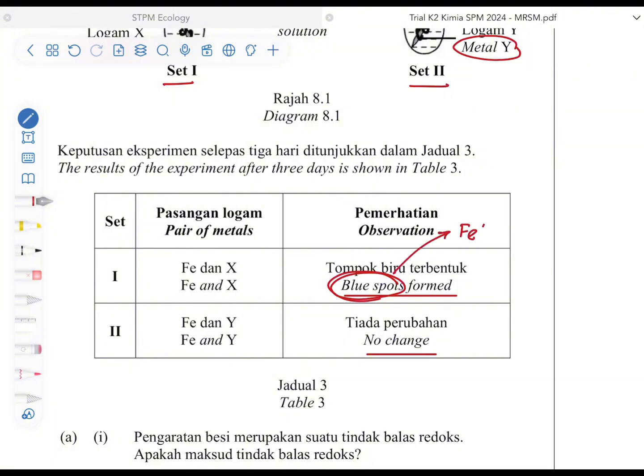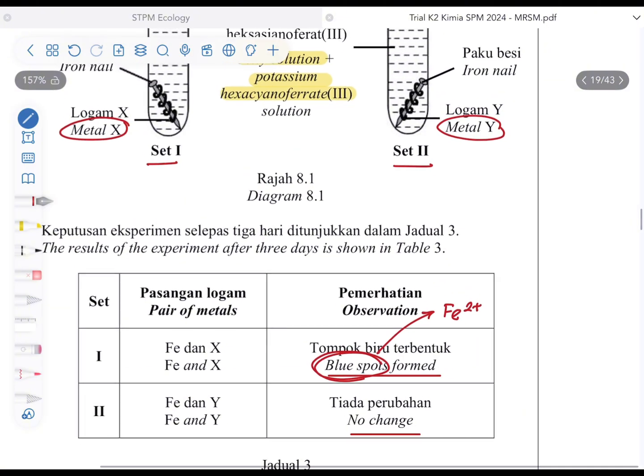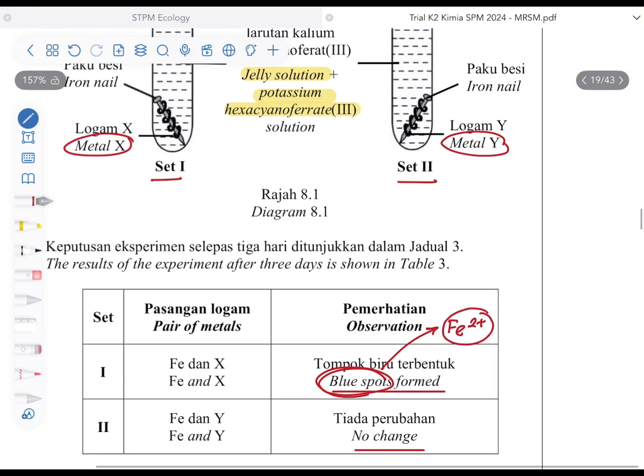This blue spot is actually due to the Fe²⁺ ion. When you put this Fe²⁺ ion in the potassium hexacyanoferrate(III) solution, the whole solution will turn dark blue, and this is the chemical formula for the potassium hexacyanoferrate(III) solution.